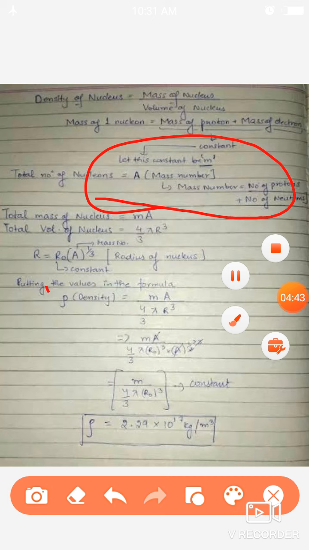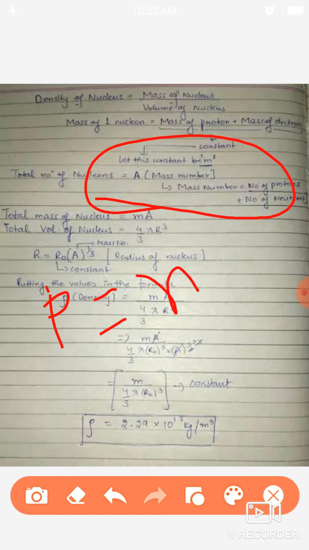We can say that in nuclear physics, in case of nucleus study, we consider that the size of each nucleon is equal. We can say the proton has equal radius to neutron, and neutron has equal radius to proton. We take both particles in the same way.